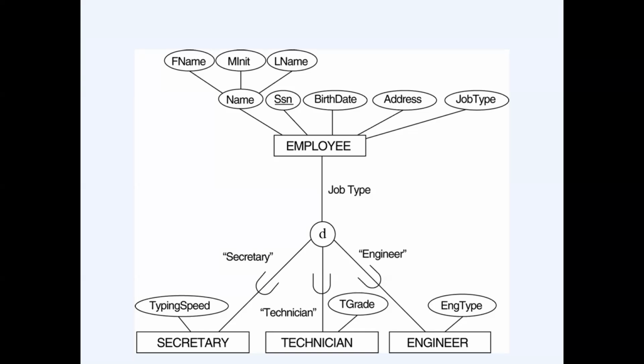Yeah. So for example, in this one, we represent specialization. Again, remember, sometimes you might actually use UML notations. That's perfectly all right. You can lower the hands. Thanks, everyone. So in this one, we have the employee entity type, and then we have three specializations: secretary, technician, and engineer. And these are known as distinct.